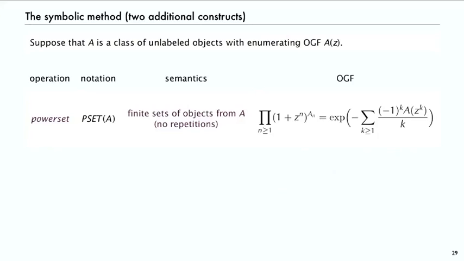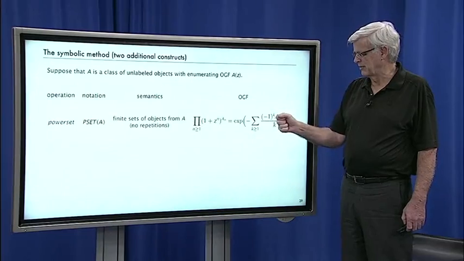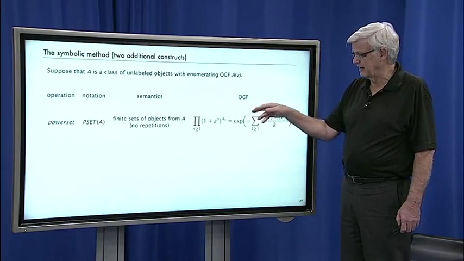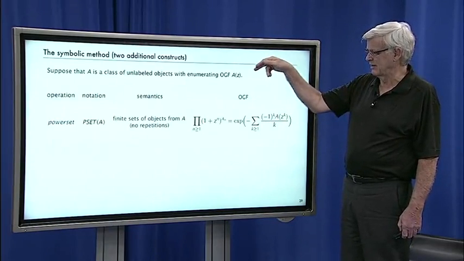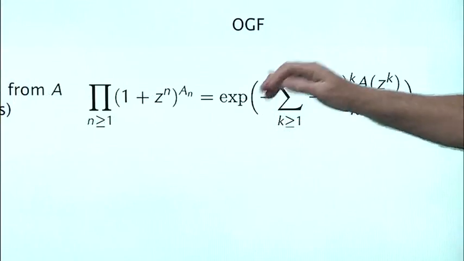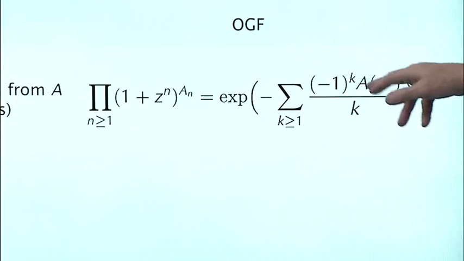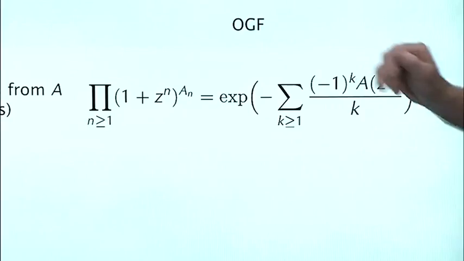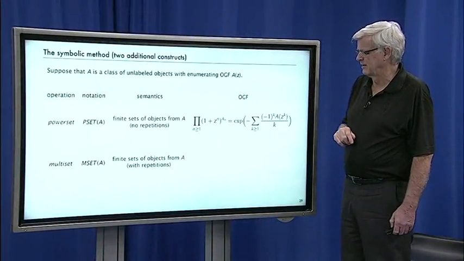And we'll look at the proof of that on the next slide. Either it's the product for n greater than or equal to 1 of (1 plus z to the n) to the a_n power, where a_n is the number of objects of size n in the original class, or it's the exponential e to the sum for k greater than or equal to 1 of (minus 1) to the k z to the k over k. And we'll look at the proof of that, which is not difficult, on the next slide.